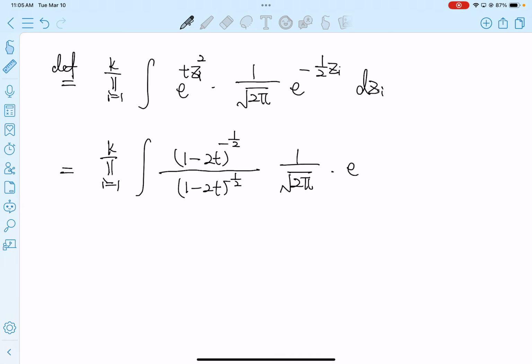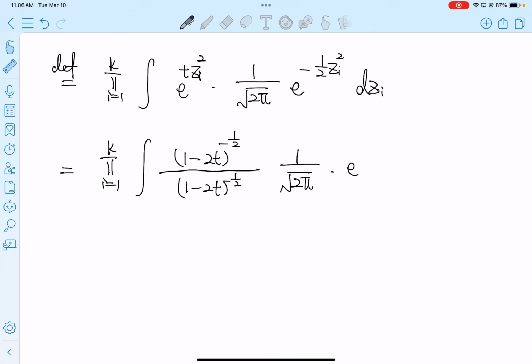For this part, I'm going to group the e raised to the power of t zi squared with this one. I think I'm missing a square here as well. So for the density function, don't forget there's a square. My next step, on the last component, is to group the two exponential terms together. Again, e raised to the power of a multiplied by e raised to the power of b is equal to e raised to the power of a plus b. Now let's rewrite the a plus b in the following way.